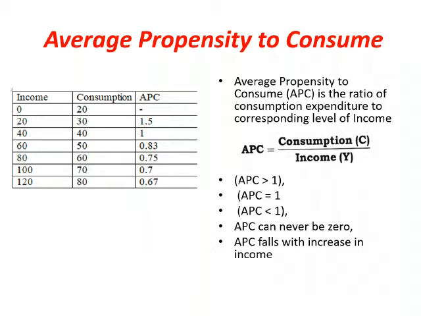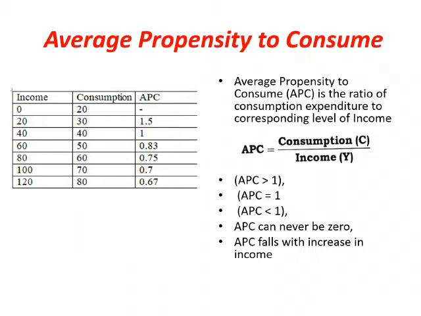APC is more than 1 when consumption is more than national income, before the break-even point. APC is equal to 1 when consumption is equal to national income. APC is less than 1 when consumption is less than national income, after the break-even point.